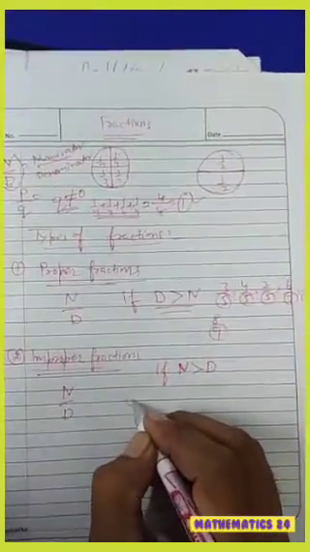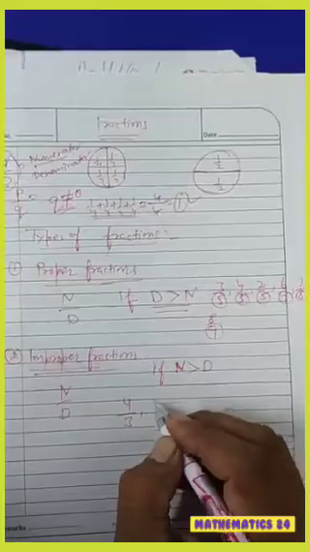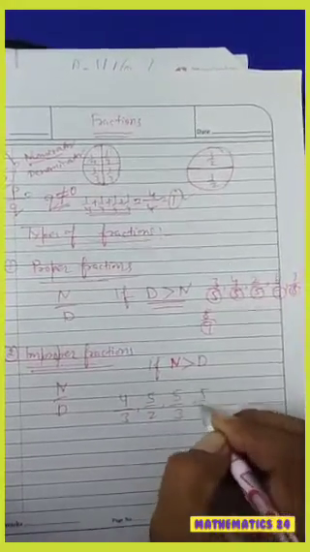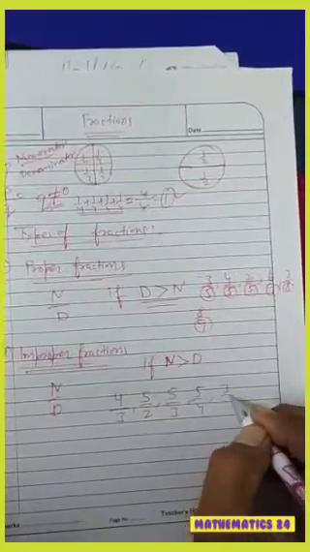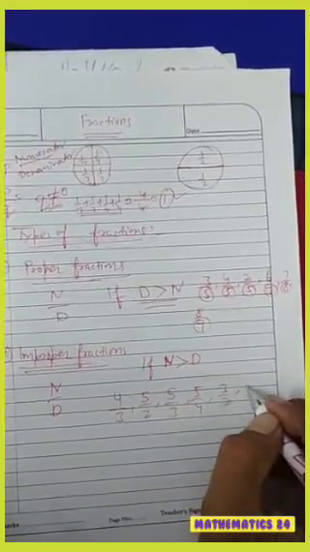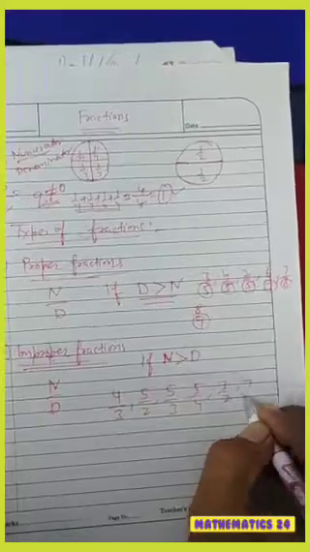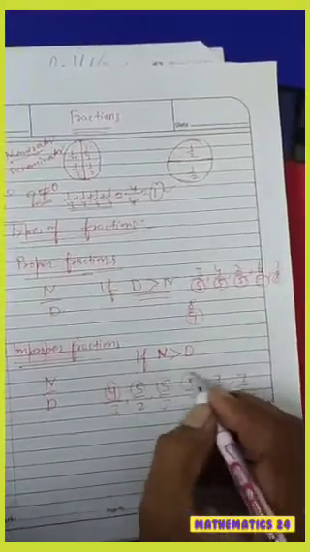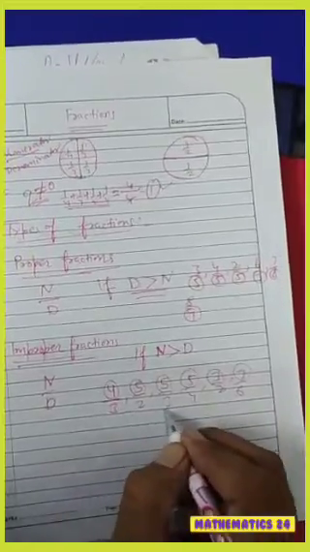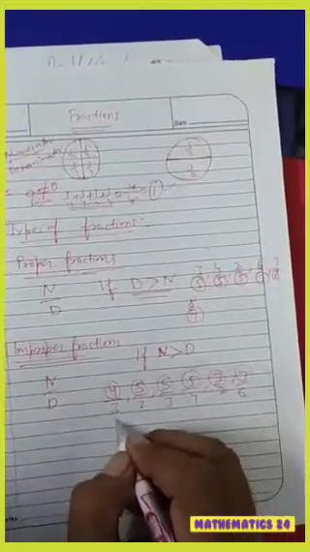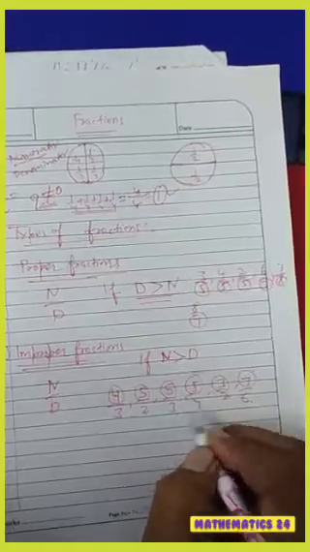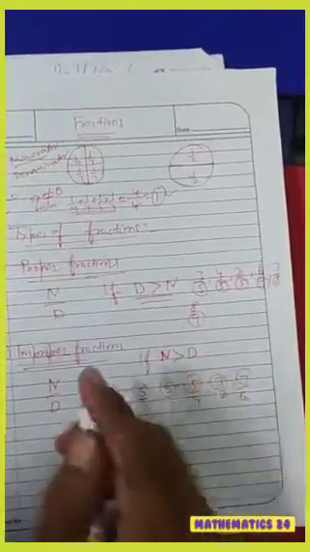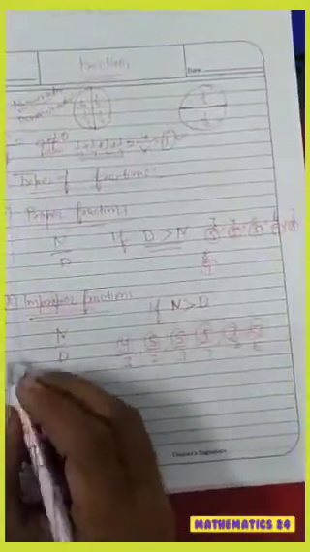For example, 4 by 3, 5 by 2, 5 by 3, 5 by 4, 3 by 2 and 7 by 6. Are you looking? All numerators are greater than denominators. 4 is greater than 3, 5 is greater than 2, 5 is greater than 3. So this type is the improper fraction.